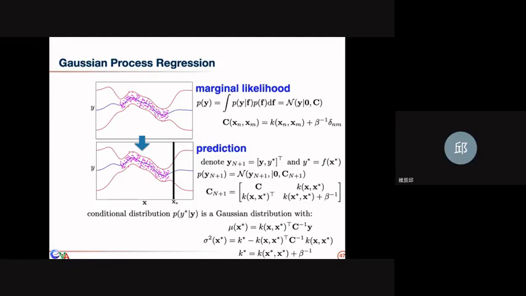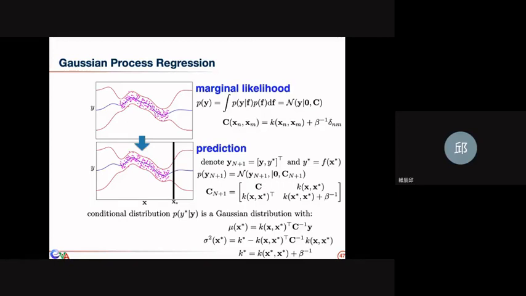Then we can compute the marginal likelihood of y n plus 1. It is still distributed according to a Gaussian, and its covariance, denoted C n plus 1, can be written in this way.